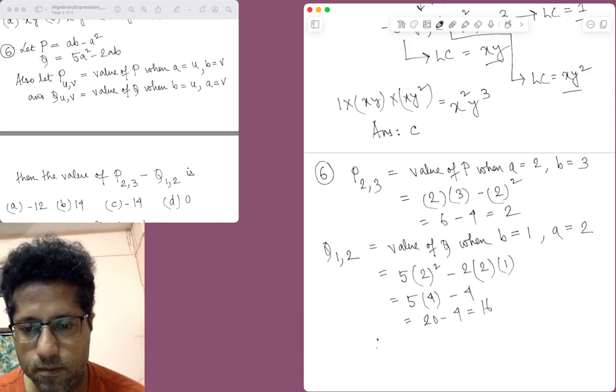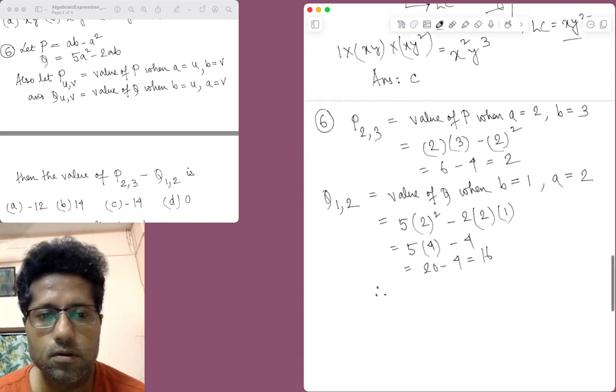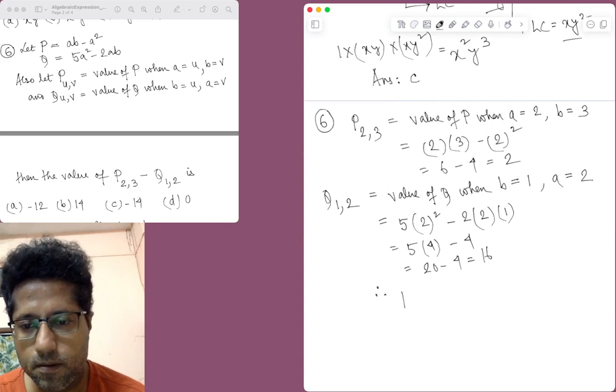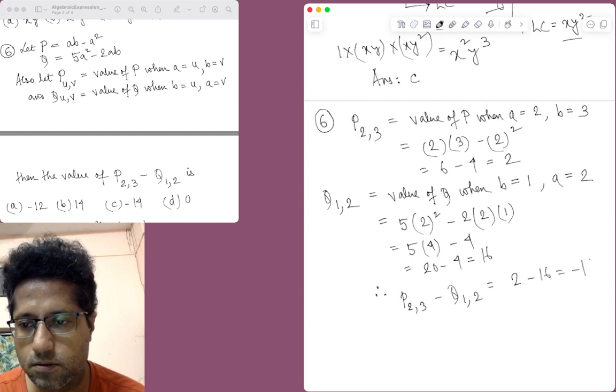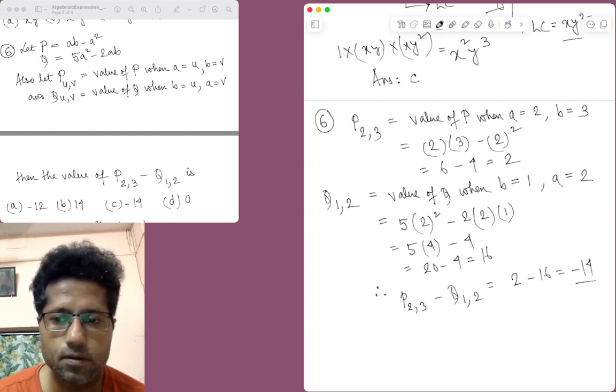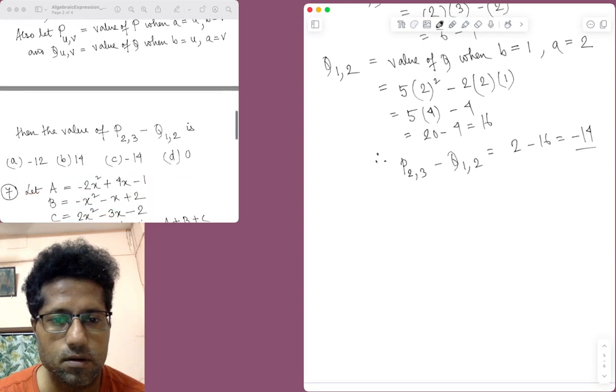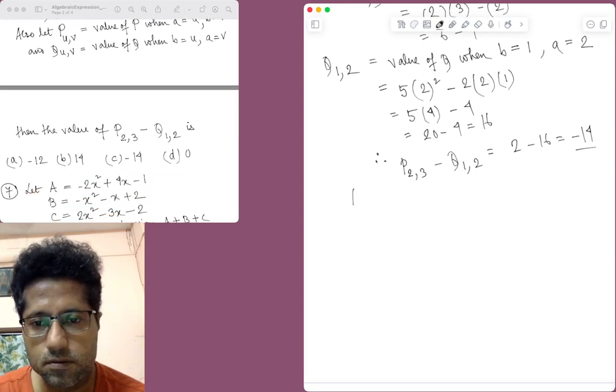Therefore p(2, 3) minus q(1, 2) is 2 minus 16, that is minus 14. So the correct choice is C.